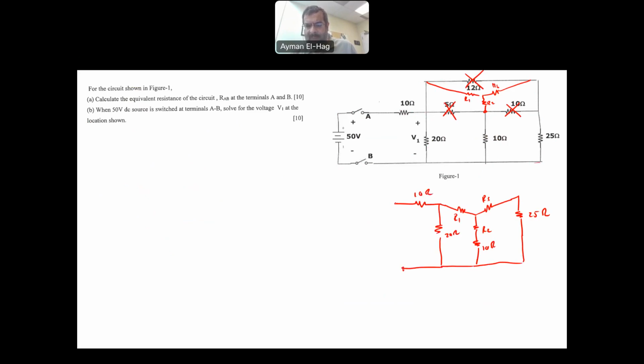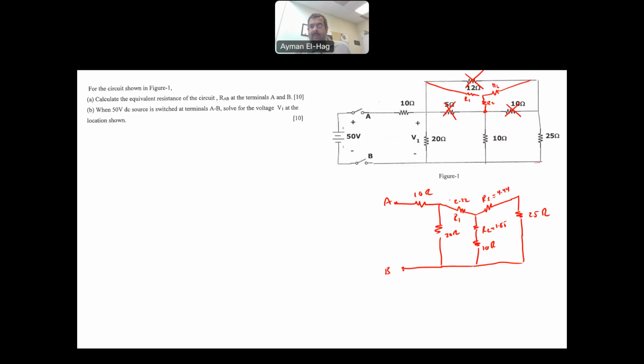I want to find the equivalent resistance between point A and point B. My R3, as we know, is equal to 4.44, my R2 is equal to 1.85, and my R1 is equal to 2.22.